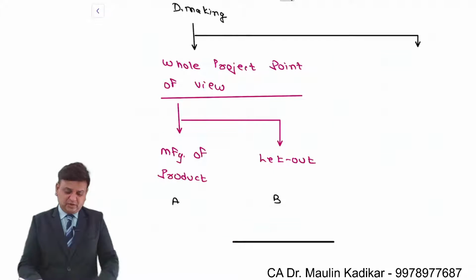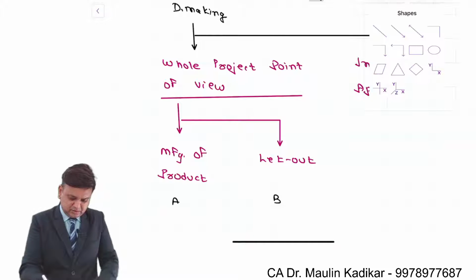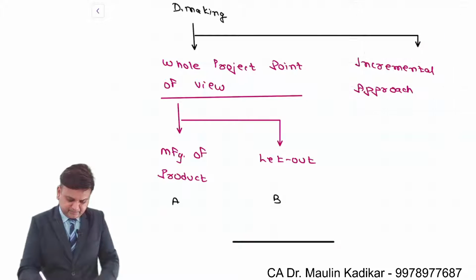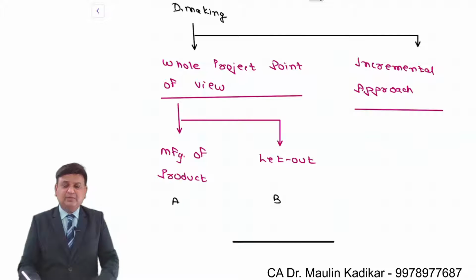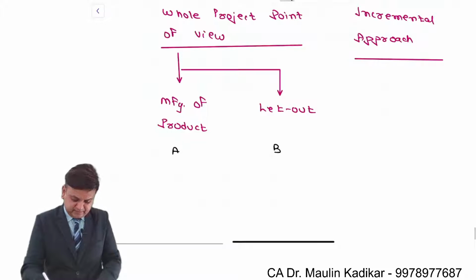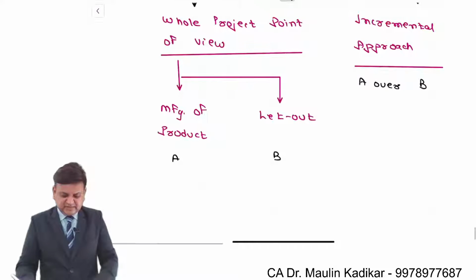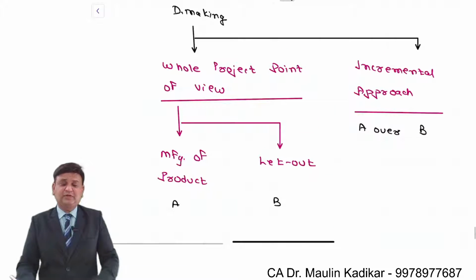Instead of whole project point of view, you can answer with the incremental approach. In case of incremental approach, we will make the computation of the answer as one option is selected over the other. That is A over B. That is the way we can adopt the incremental approach for decision making.